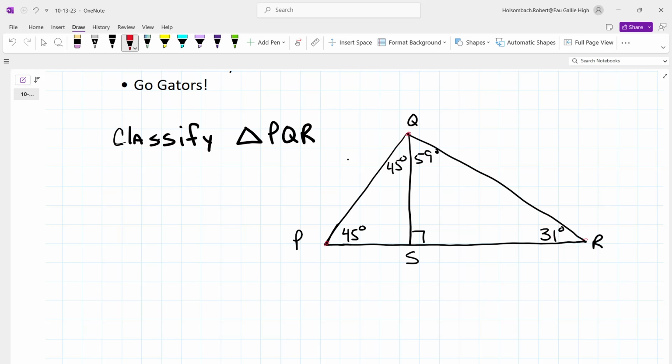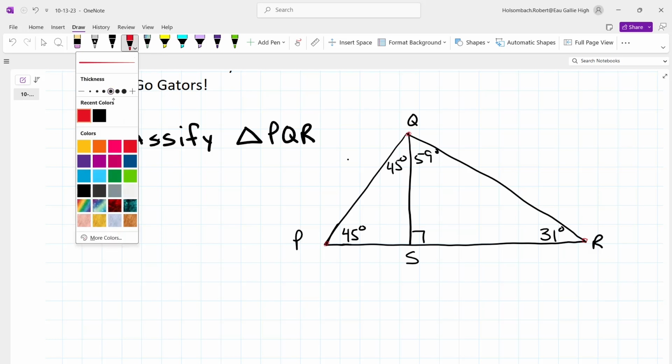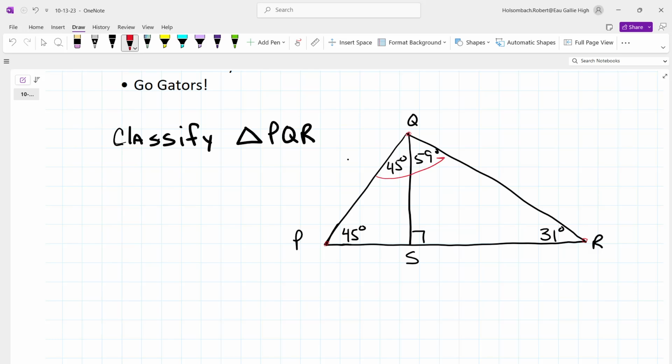What you have to do for angle Q is combine these two angle measures right here, because the sum of those two angles makes up this entire angle Q. So what's 45 and 59? 104 degrees.